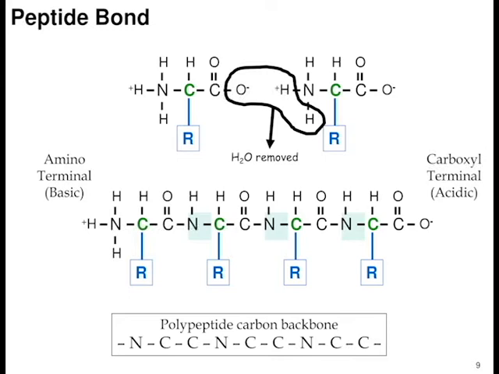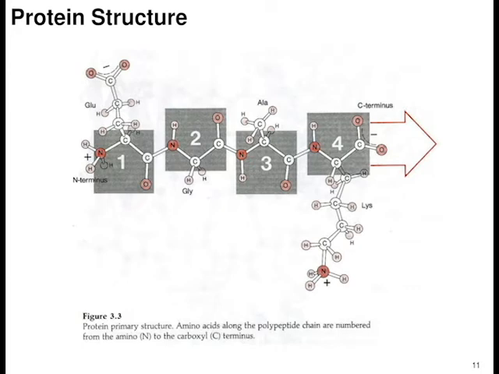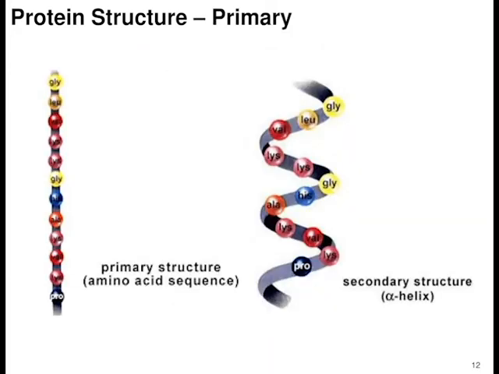How you read the primary structure is N terminus on the left, C terminus on the right. This is the molecular model, a 2D representation of it. So this is the primary structure, the linear chain of the proteins.